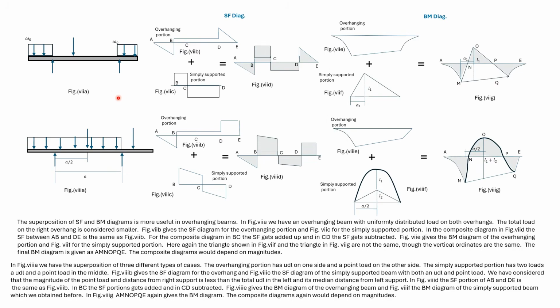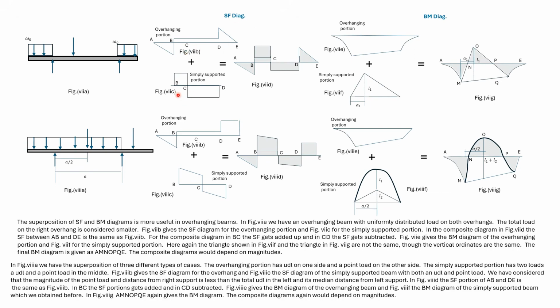We now look at overhanging beams. As earlier mentioned, we'll consider the overhang portion separately and the simply supported portion separately. Here, there's a point load acting in the middle portion. The length of the left overhang is considered to be larger than the right overhang. Then this is the shear force diagram for the overhanging portion only.